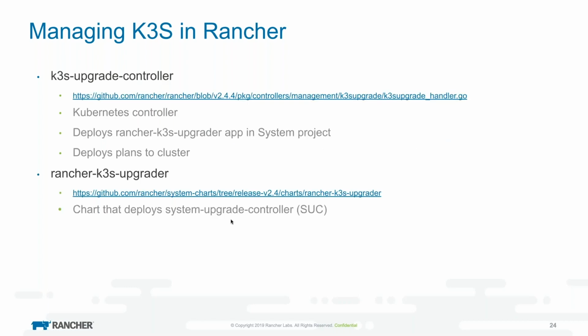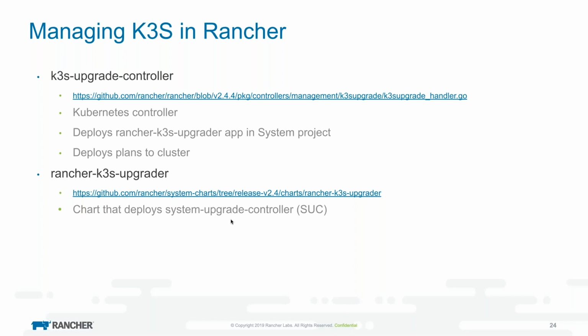Okay, so those are basically the two biggest components that actually do the work, I would say. So let me summarize. That's the system upgrade controller, and then the K3s upgrade image that actually does the work.